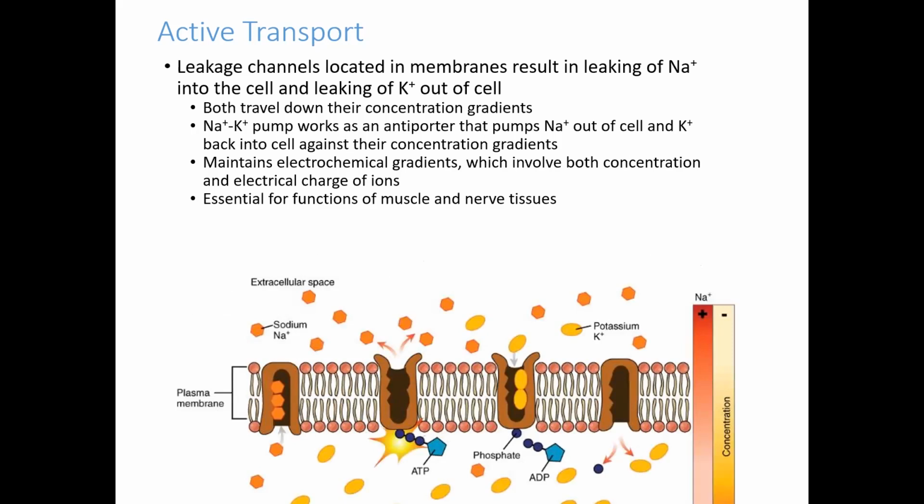All of our cells in the body have charges on them. We all have a measurable charge. Muscle cells have a charge of minus 90 millivolts. Nerve cells have a charge of about minus 70 millivolts. It's caused by the difference in concentration of sodium and potassium ions.